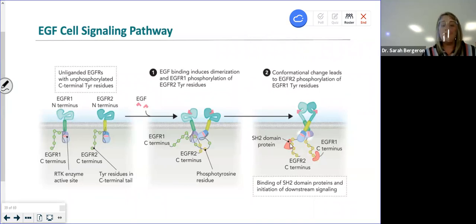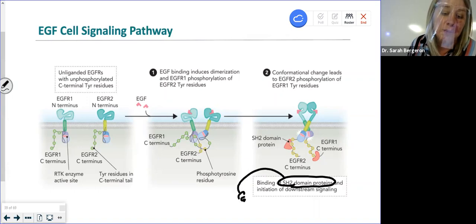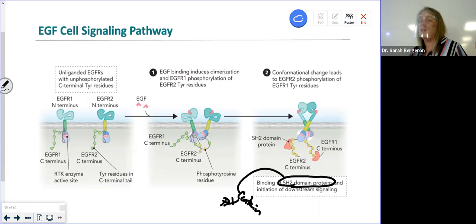And those adapter proteins will recognize those phosphotyrosine clusters, and we call them SH2 binding domains or SH2 binding domain proteins, right? These contain the phosphotyrosines. That's the PY, phosphotyrosines.